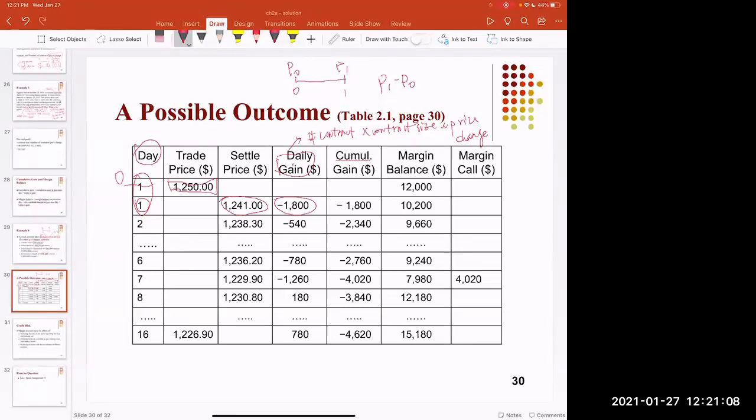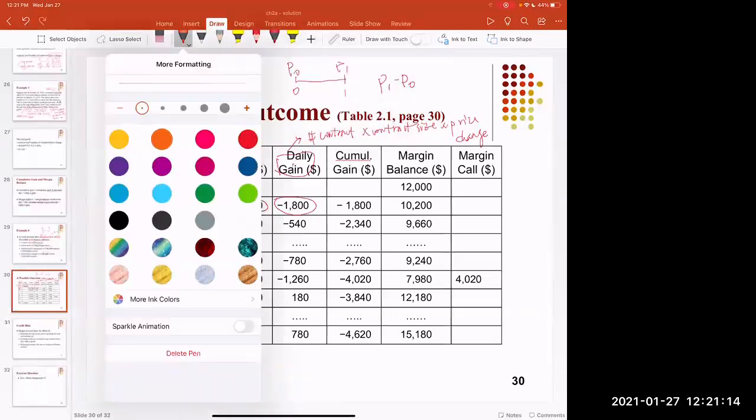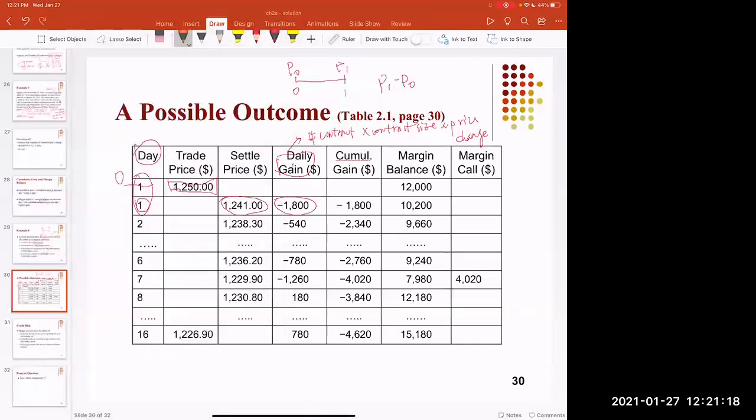Can anybody tell me how to get the negative 1,800? You have a long position, so you subtract the trade price from the settle price and then multiply it by 200, because that's the number of ounces in the contracts. Yes, good.